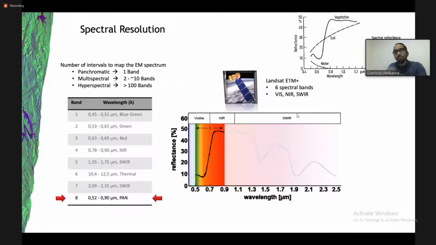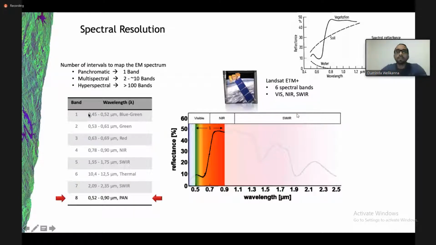And also, the satellite can produce images or sets of pixels in different areas of the electromagnetic spectrum. Some satellites can image in the green region, blue region, red region, infrared region, near infrared region, shortwave infrared region. So depending on these regions, they produce images.